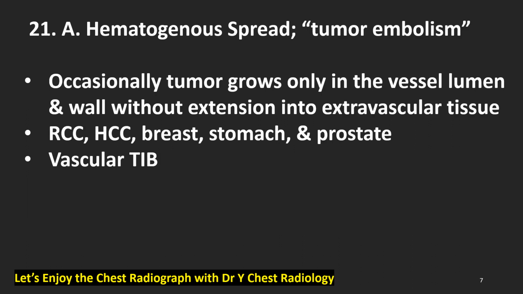Tumor embolism. It is a special form of hematogenous spread. Occasionally, tumor grows only in the vessel lumen and wall without extension into extravascular tissue. Renal cell carcinoma, hepatocellular carcinoma, breast cancer, stomach cancer, and prostate cancers are examples.